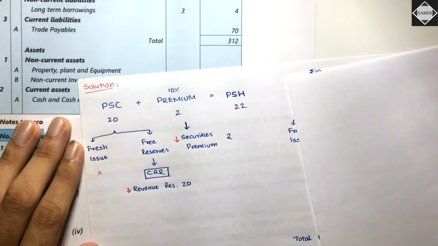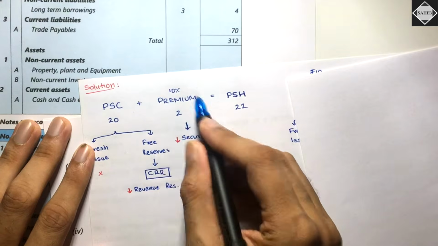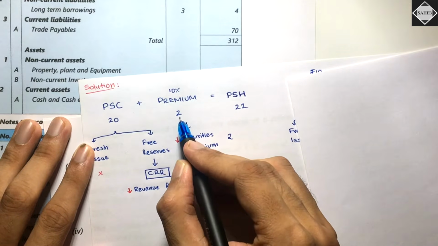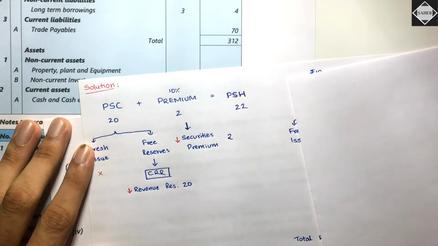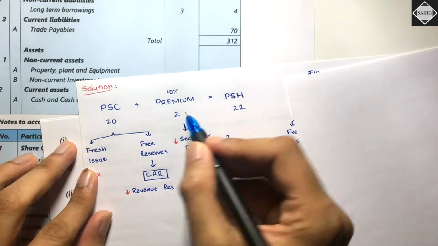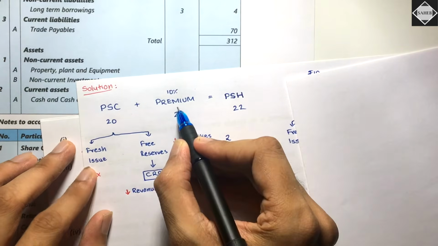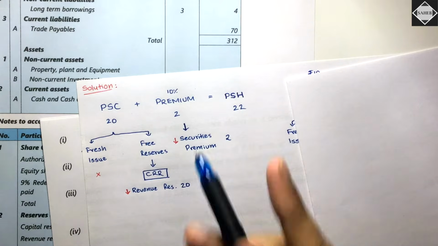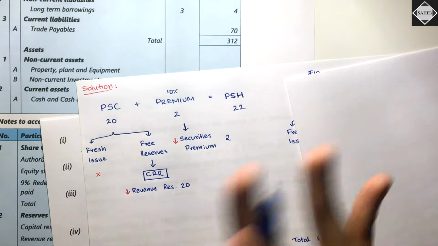Okay, fine. And then come to the premium. Okay, premium 2 lakh. This premium 2 lakh has to be written off. Yeah, we have to write this off, isn't it? When we studied the redemption of preference shares chapter, we saw there that we can utilize only free reserves to write off this premium, isn't it? They said that the companies following section 133 are not permitted to use securities premium, isn't it? Yes.